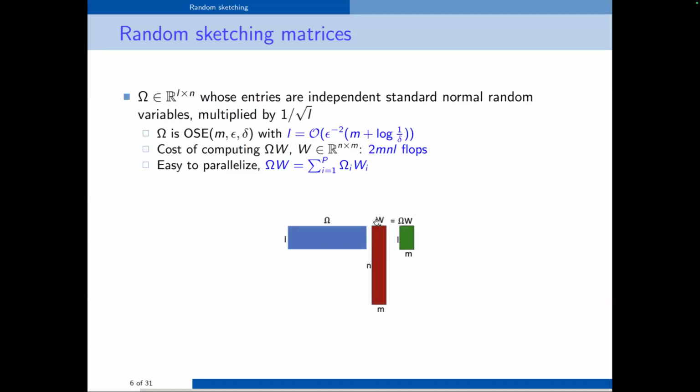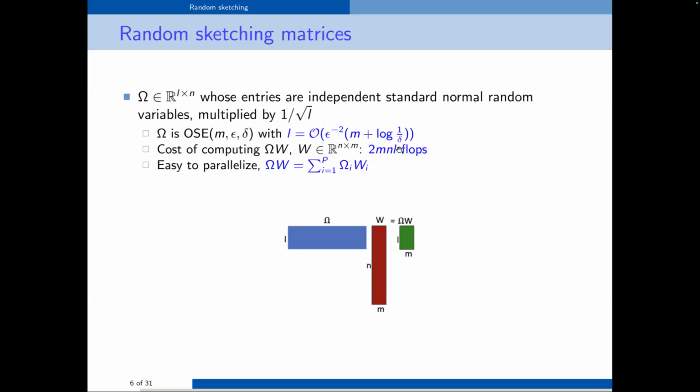It's easy to parallelize because if W is a dense matrix, then we are just multiplying two dense matrices, and that's a very easy to parallelize operation. But if we look at how many floating point operations it performs, that's 2M and L. So it's linear with respect to the sketch dimension.